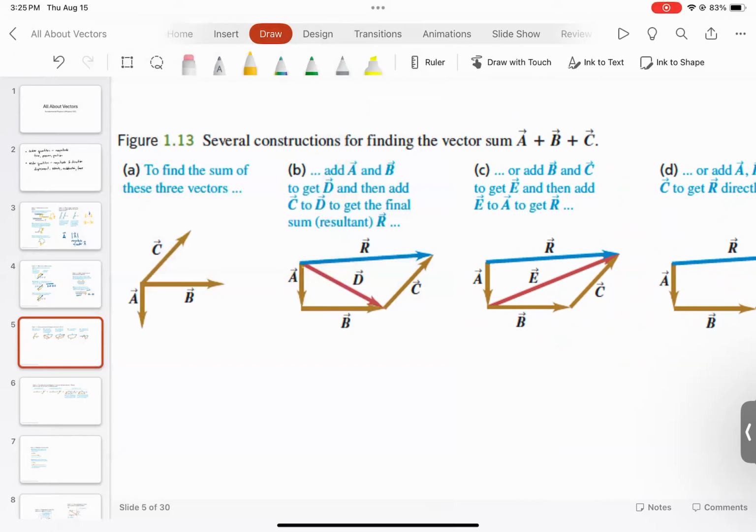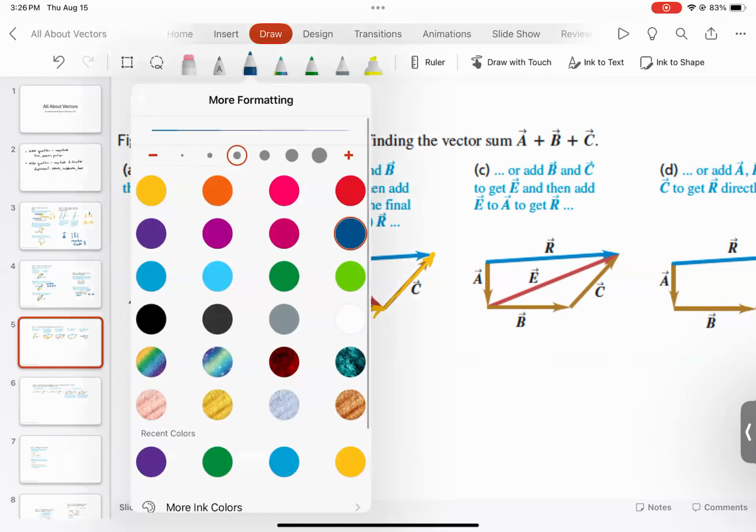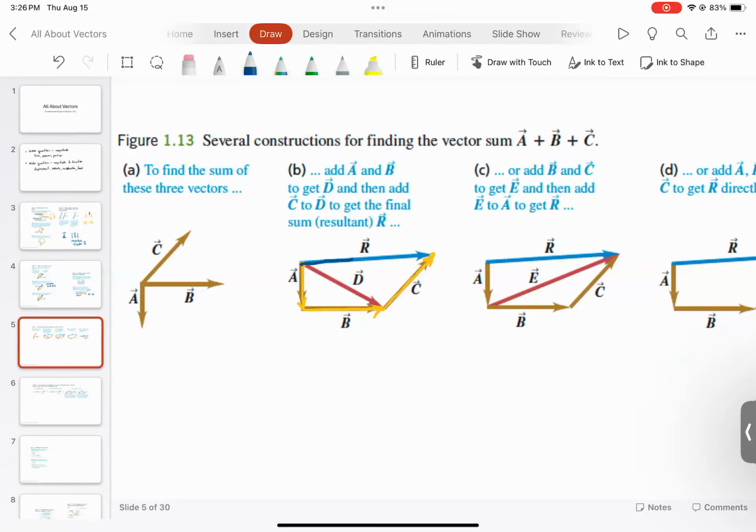So yung vector A, idinugtong mo yung ulo ng vector A sa buntot ng vector B, and then yung ulo ng vector B, dinugtong mo sa buntot ng vector C. Okay? So yung starting point ay yung buntot ng unang vector at yung end point ay yung ulo ng huling vector. So yung resultant vector ngayon ay from the starting point towards the end point. Okay, so yan yung vector R.